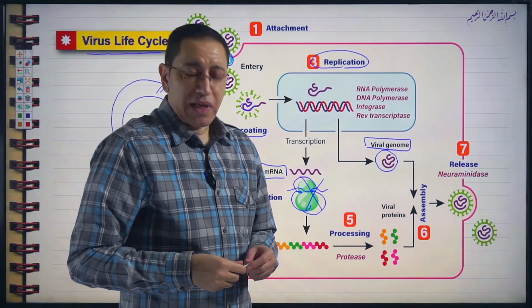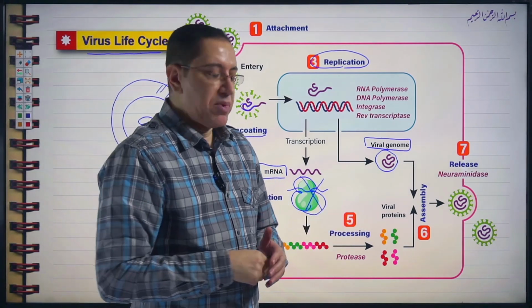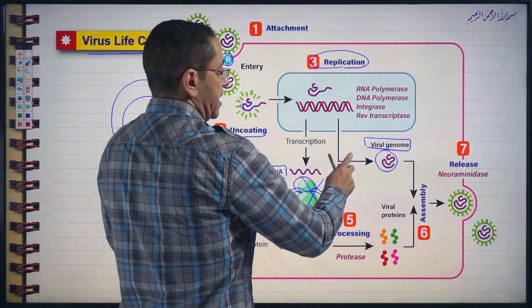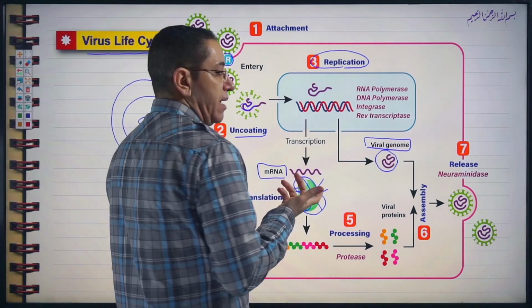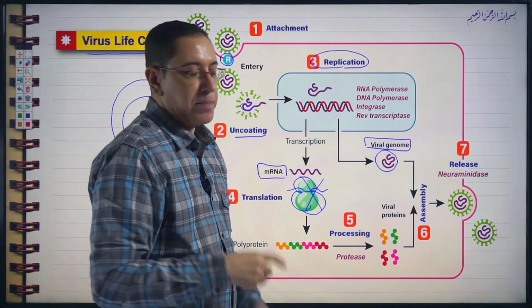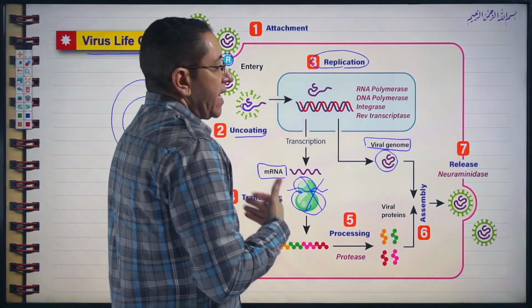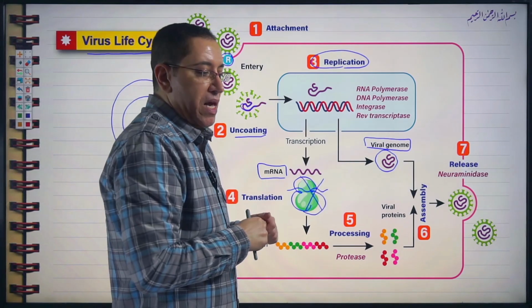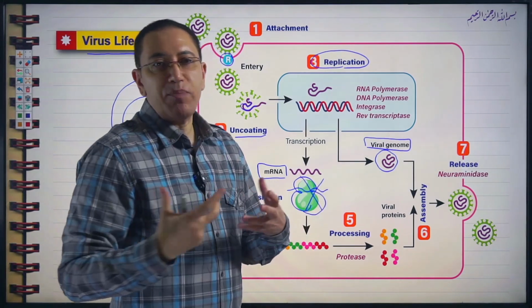Now I have a group of questions. Number 1. For the virus to be able to copy these two types of genetic materials, either genome or messenger RNA, what enzymes does it need? Or how many enzymes? The virus needs so many enzymes to complete these two processes. Each virus is according to its nature.